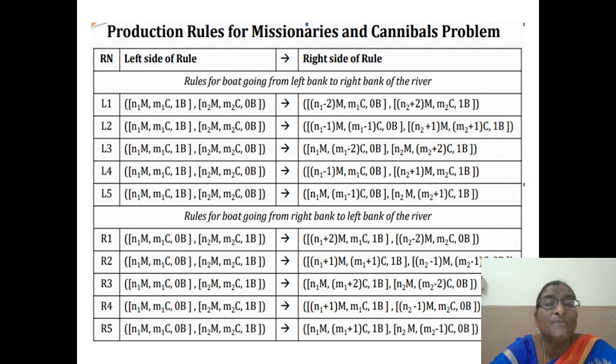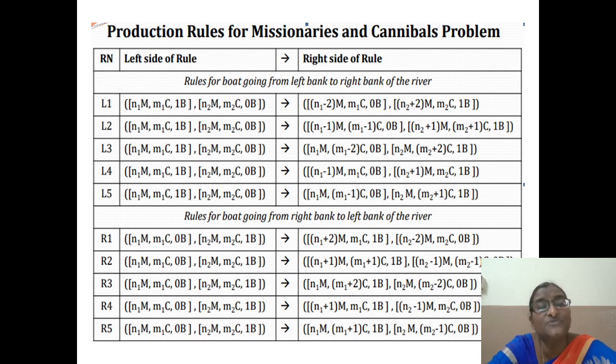So when the boat is going from the left bank to the right bank, if a missionary or cannibal moves, the boat moves too, because without movement of the boat, it's not possible, right? So the boat will also move. If the missionaries are moving, the missionary number will decrease on the left bank and increase on the right bank. And in the right side rules, that is from the right bank to the left bank, on the right side it will decrease and on the left side it will increase, because the missionary or cannibal has moved from the right side to the left bank.